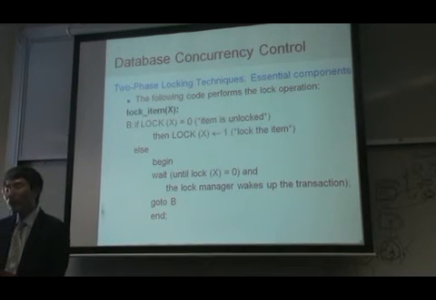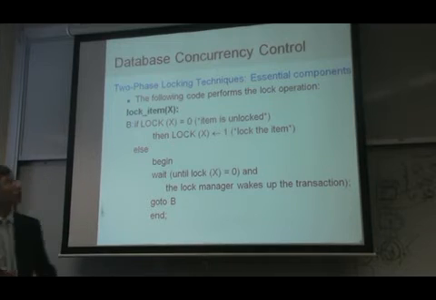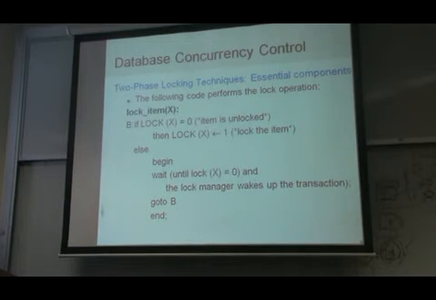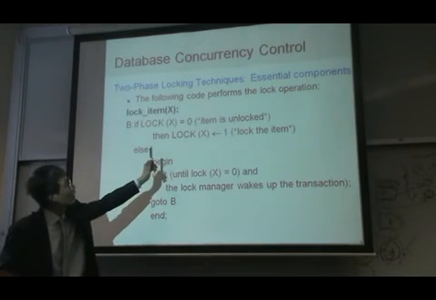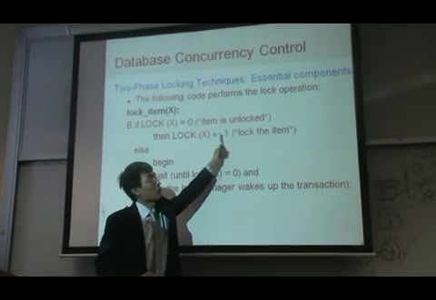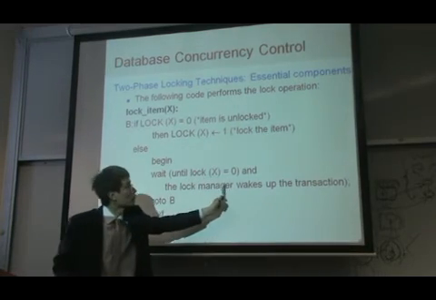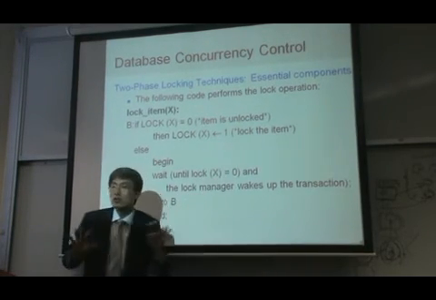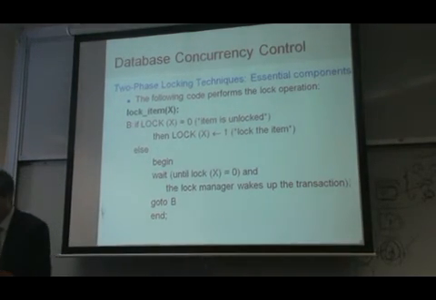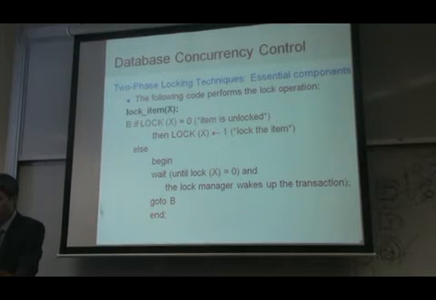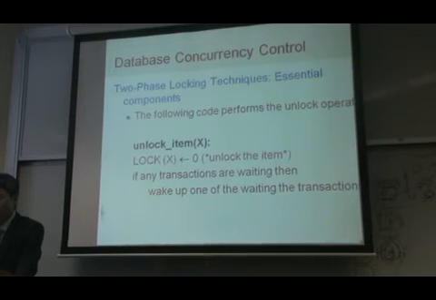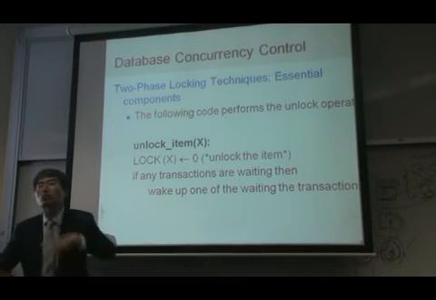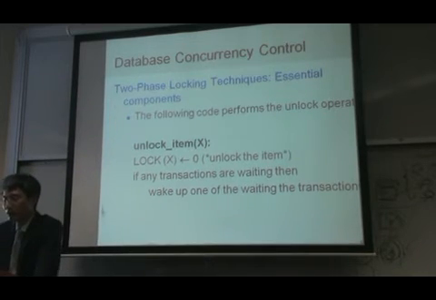If you want to implement such a lock operation, this is the pseudocode, very, very high level. For example, lock data item X: in case of lock, we set it to 1, and 0 means the data is unlocked. In case of unlock, you assign 0, so other transactions can access the data.